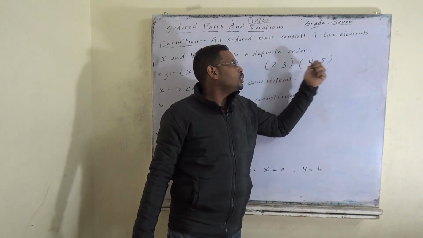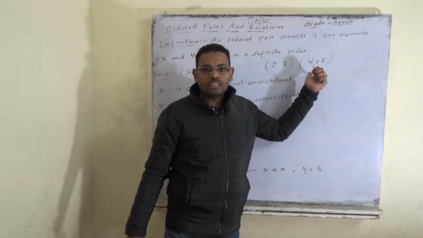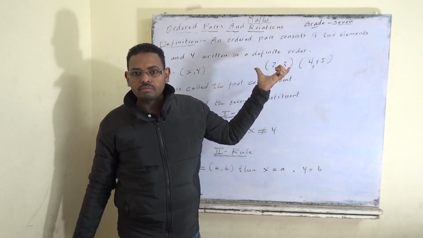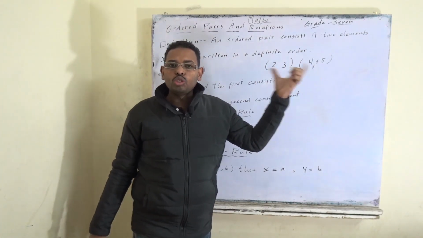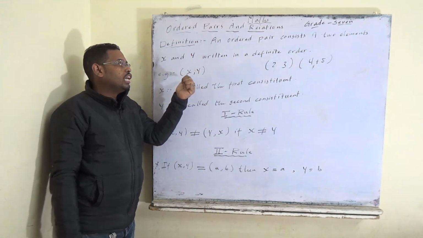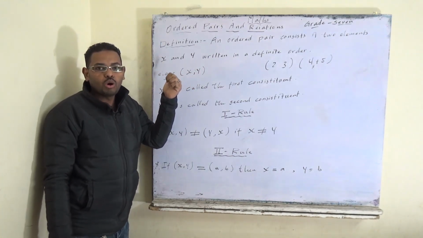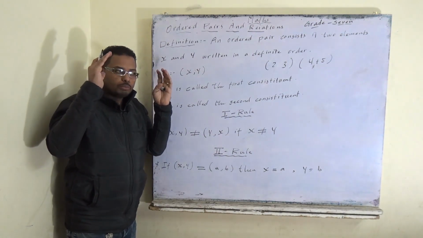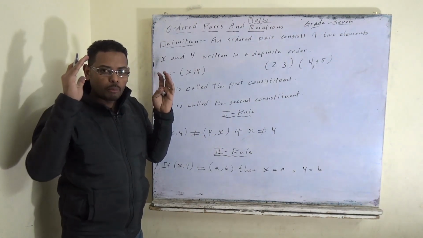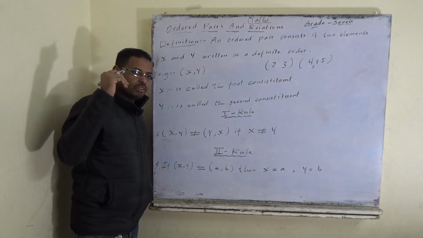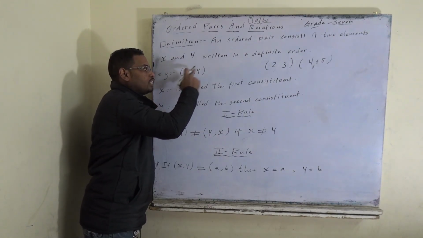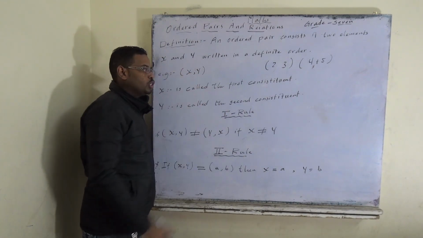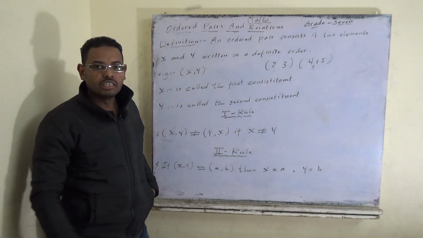That's why in these two cases, we cannot say this pair is ordered, because they did not fulfill the properties of the ordered pair, as we said previously. They should be inside a bracket, and they should be separated with a comma. Simply, that's it.